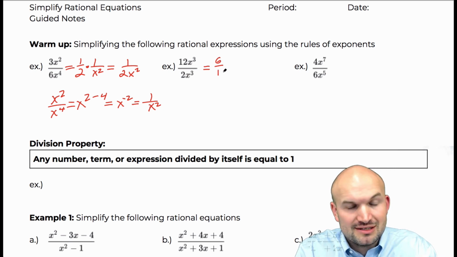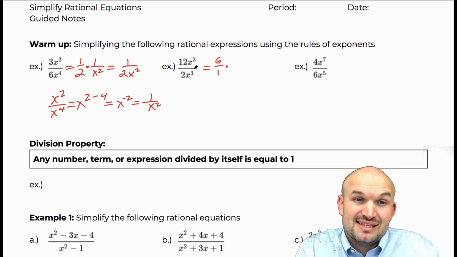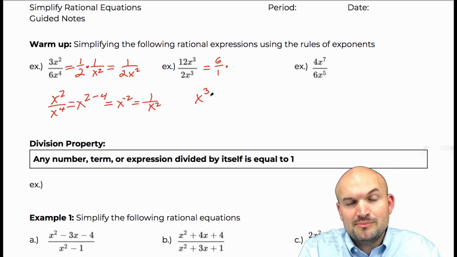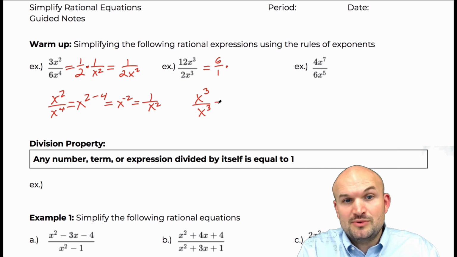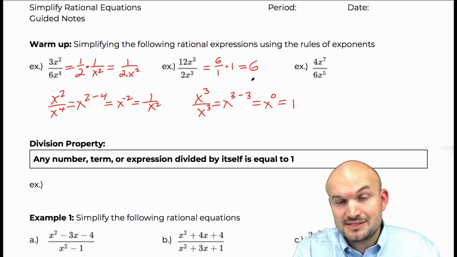Even though the answer reduces to 6, we want to keep that in mind. In this example, it doesn't matter as much, because when we have a variable or exponent divided by the same exponent, using the rules of exponents we subtract the powers, which gives us x to the 0 power, which gives us 1. So our final answer is going to be 6.